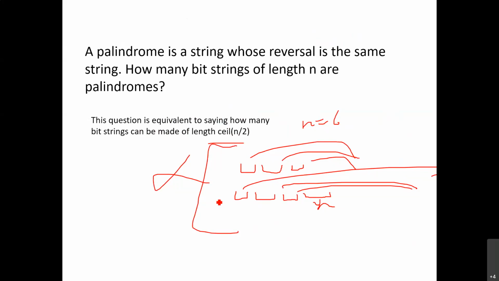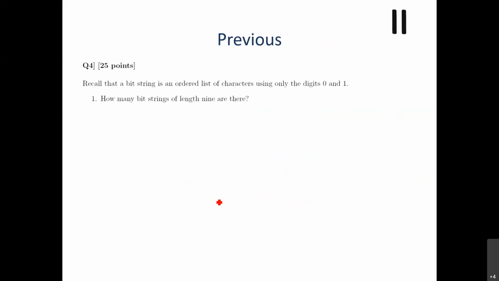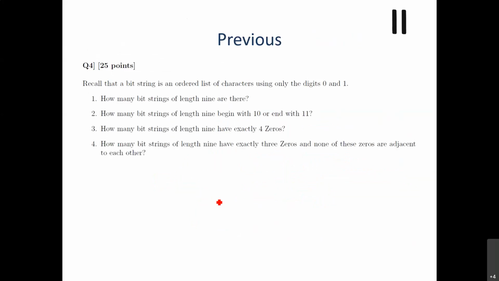If you have any questions with this, let me know. Otherwise, we'll move to this last thing. So this was a previous, that means these questions came before. And we have 4 parts. Take a few minutes, try to solve as many as you can. Then we'll do them all together and we're finished. If there's anything you haven't gotten so far, let me know.